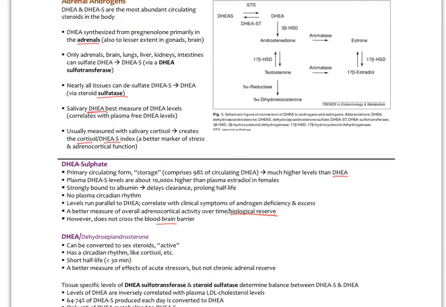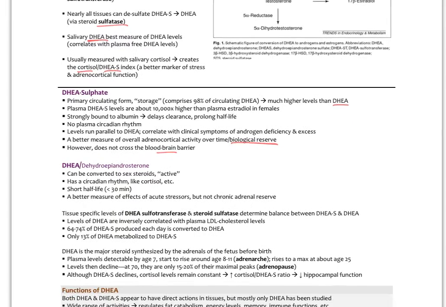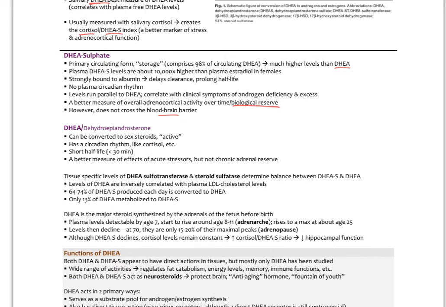DHEA, again, you remove the sulfate group, it's more active, it can be converted into the sex hormones, and it has a circadian rhythm like cortisol and a short half-life of about 30 minutes. It's a better measure of the effects of acute stressors, but not chronic adrenal reserve. So both DHEA and DHEAS have their roles in looking at both acute and chronic adrenal reserve.